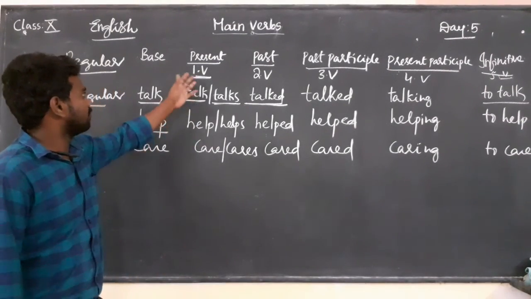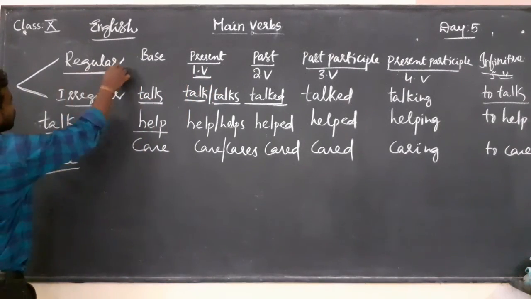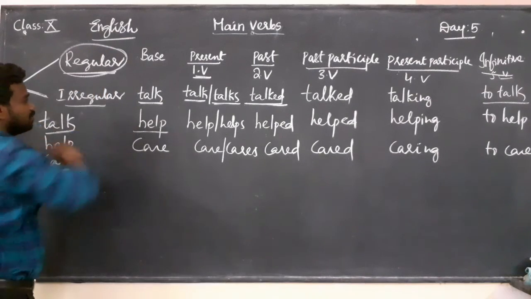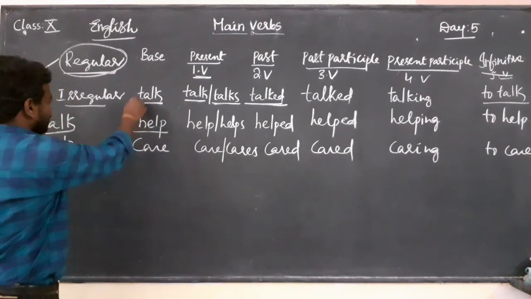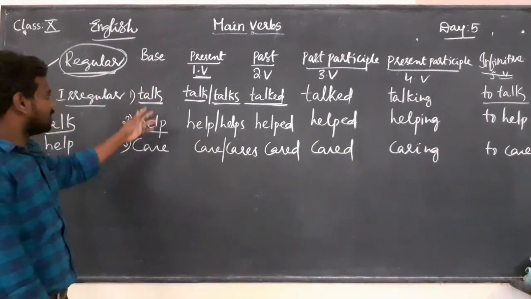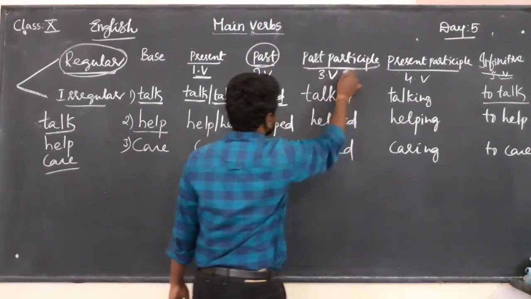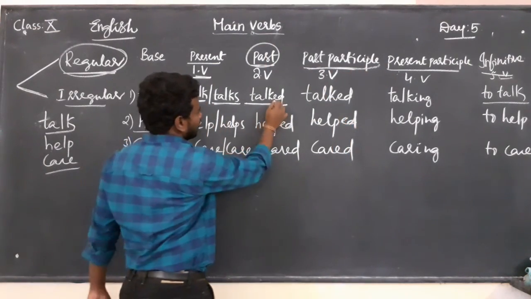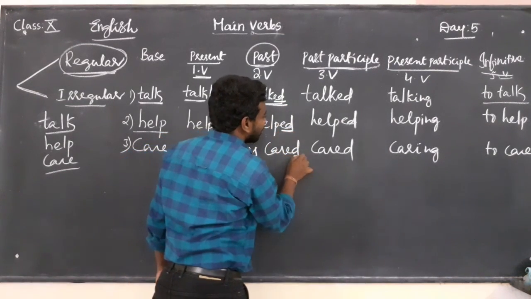Now we have seen different forms of a verb, right? So now let us come to what are regular verbs. When you observe these three verbs, their past and past participle end with a regular ending called ed or d.